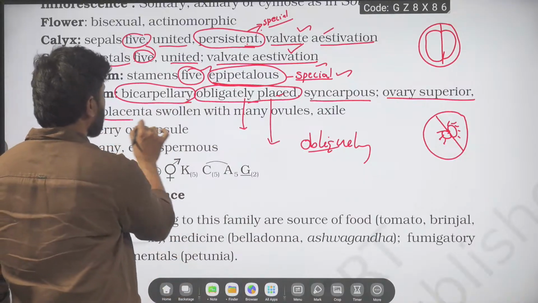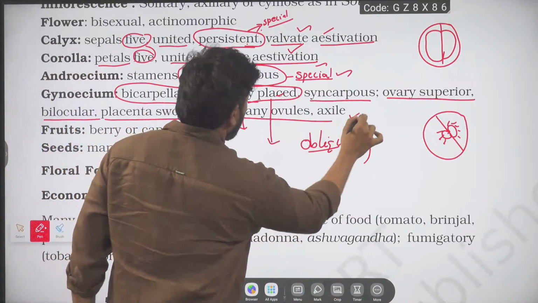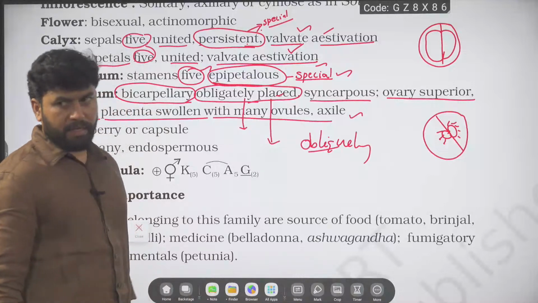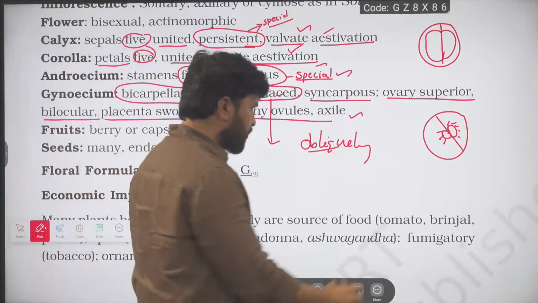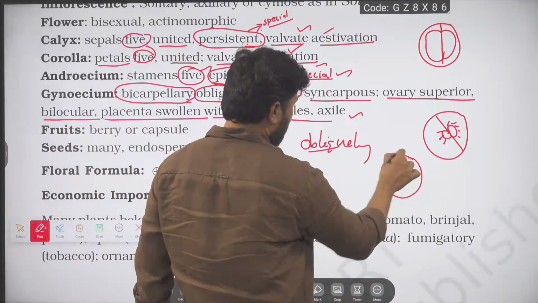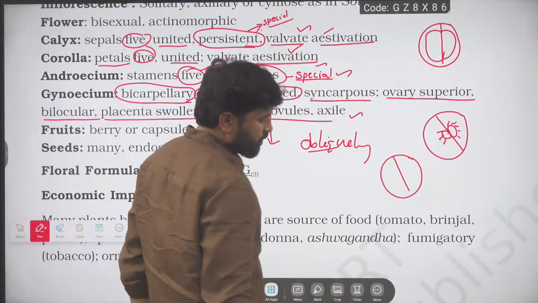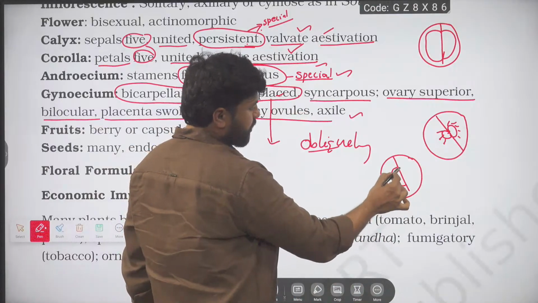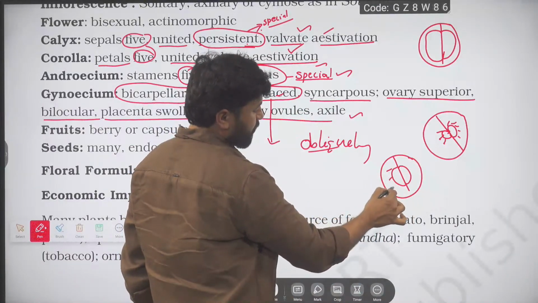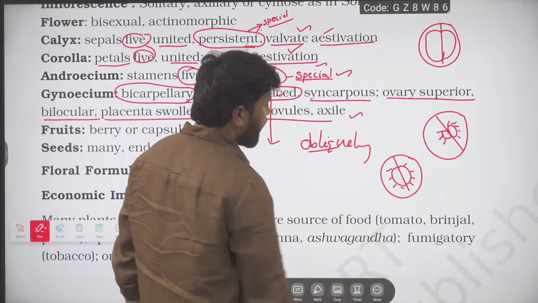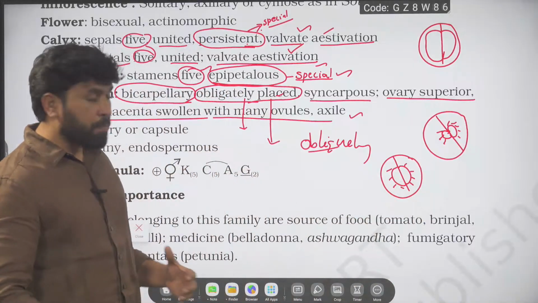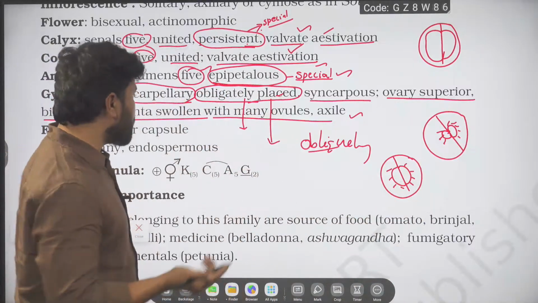Placenta is swollen. Okay, I wanted to tell you about placenta. When you talk about placentation, this is the ovary. There you will see like this. This represents axial placentation, but the placenta is swollen. This is also a special feature.